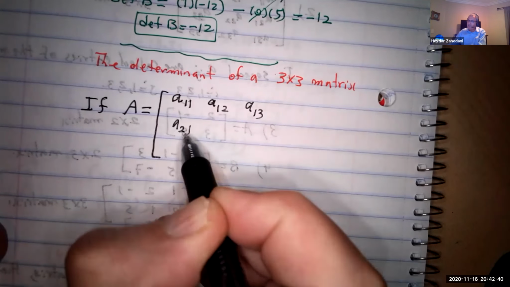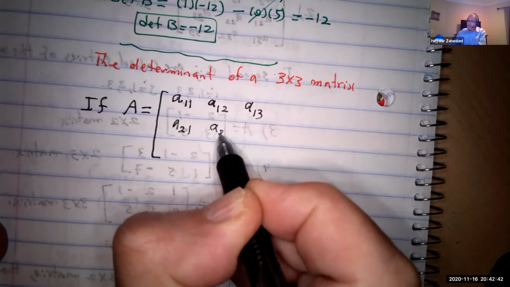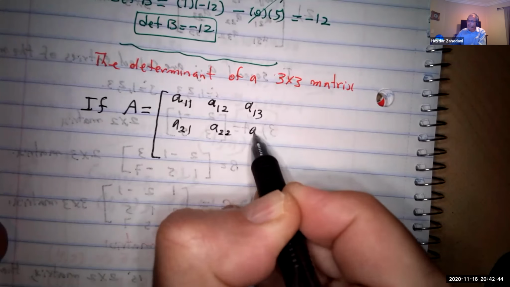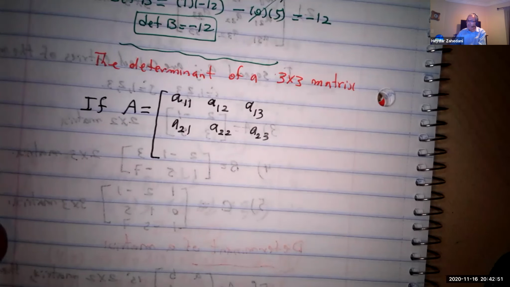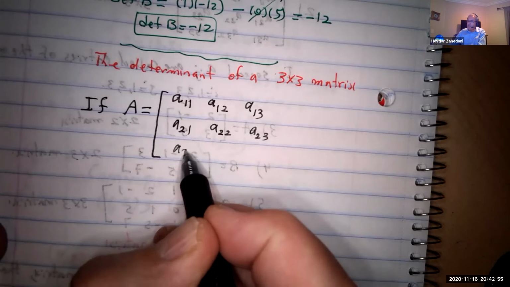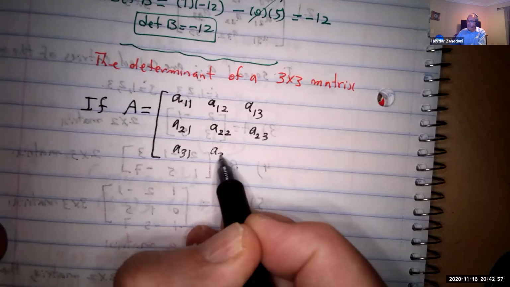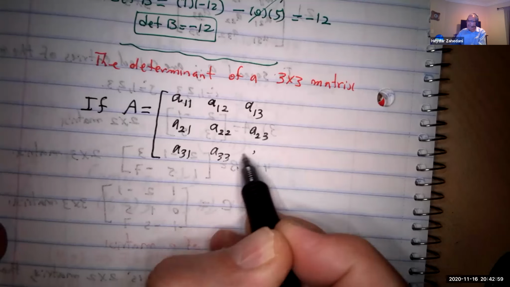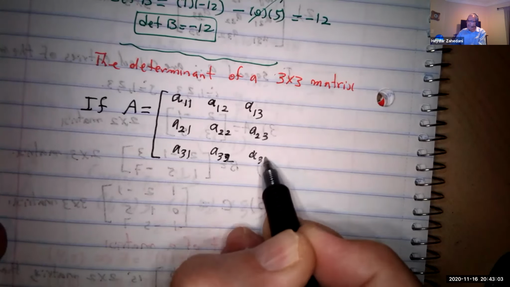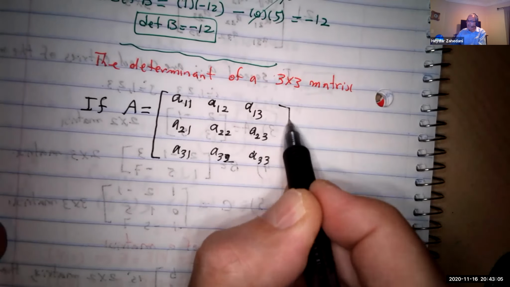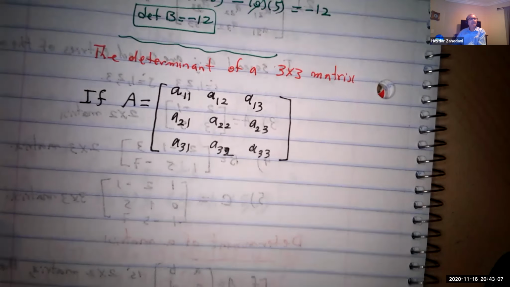A21, A22, A23. That's the second row. And the third row is A31, A32, and A33. So that's a given one.